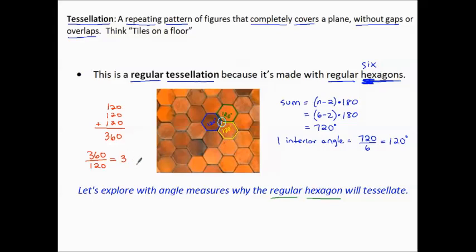Not 3 point something or a fraction, but exactly 3. That means I can put 3 of those interior angle hexagon angles adjacent to each other without any overlaps or gaps. So I know it will tessellate. It comes out evenly when I divide it into 360, the degree measure for making a circle.